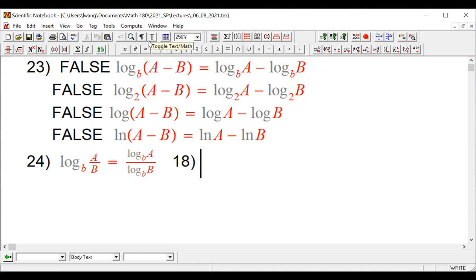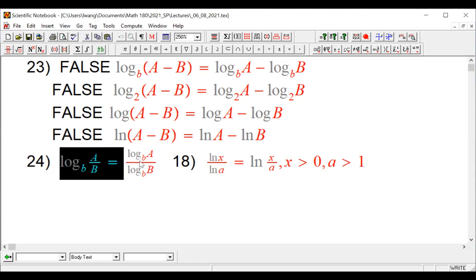What was 18? We just went over it, right? It's ln x over ln A equals ln x over A. So please refer to that example, where of course x is larger than 0, A is larger than 1.